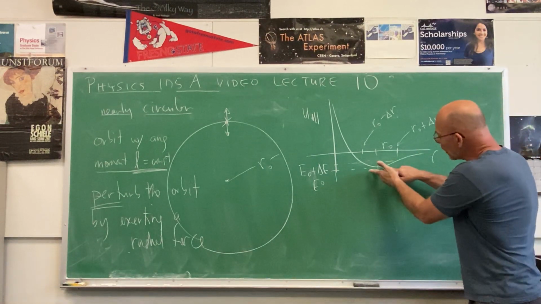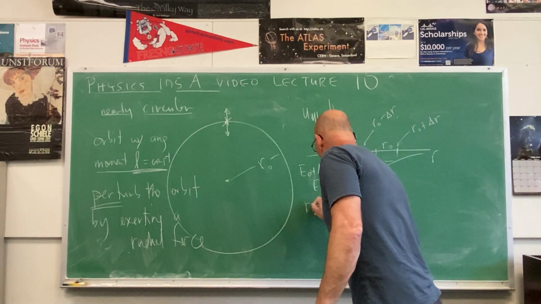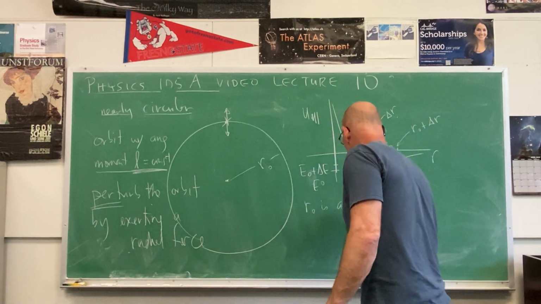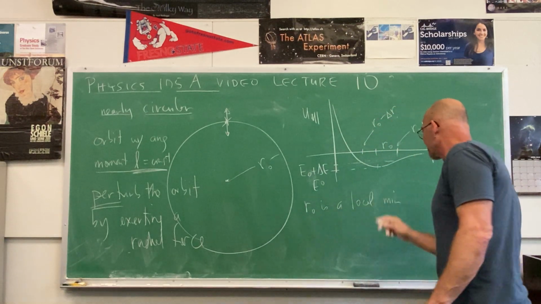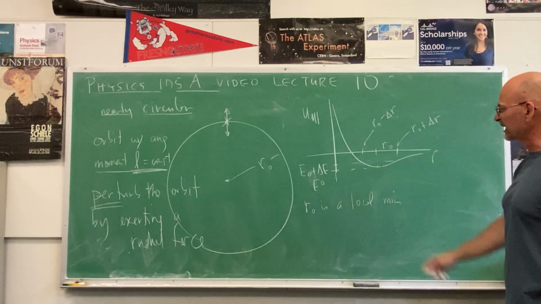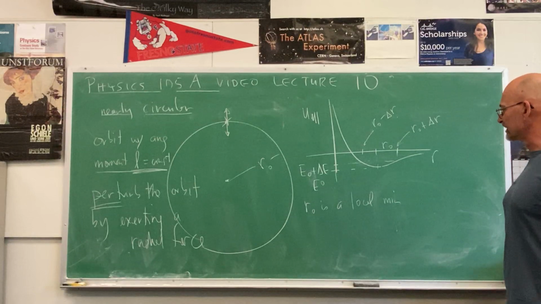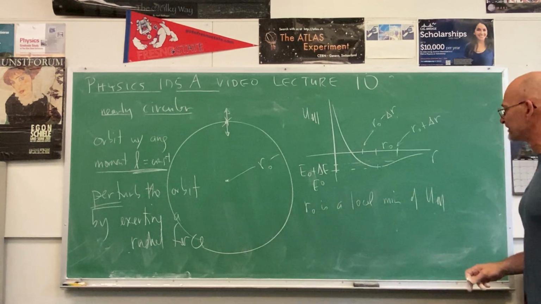Since we're near a local minimum, R0 is a local min, or a point where E takes on the local minimal value of U effective.